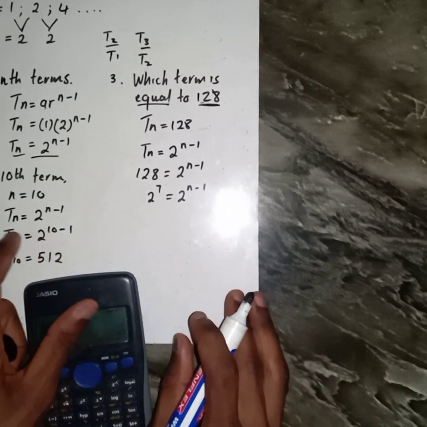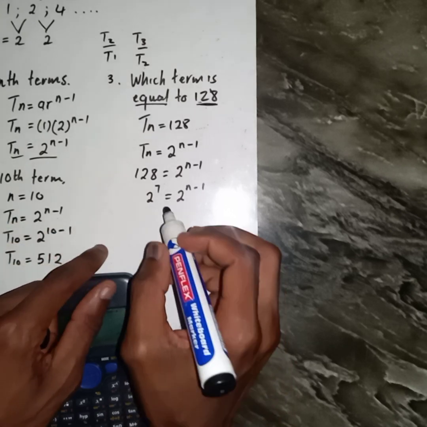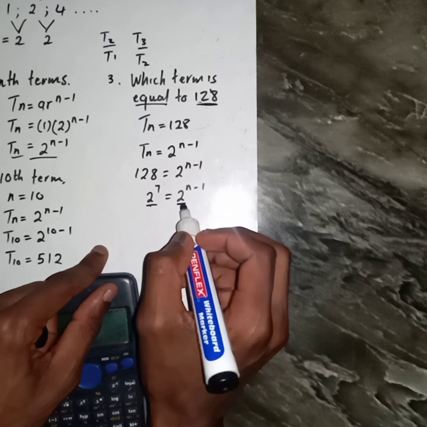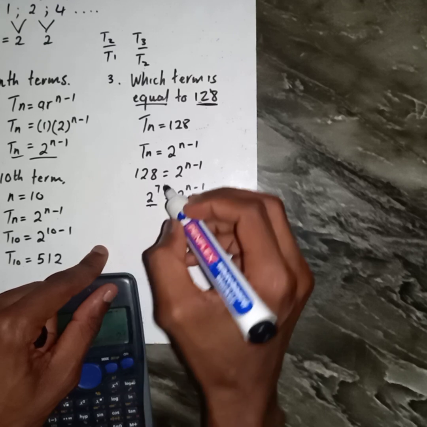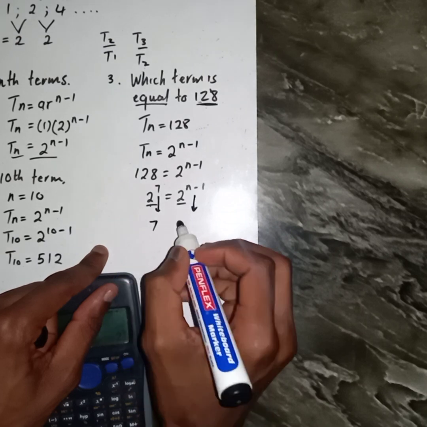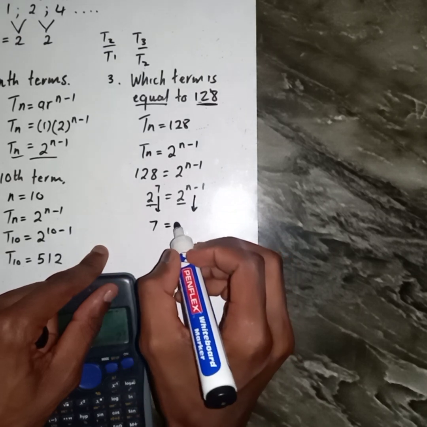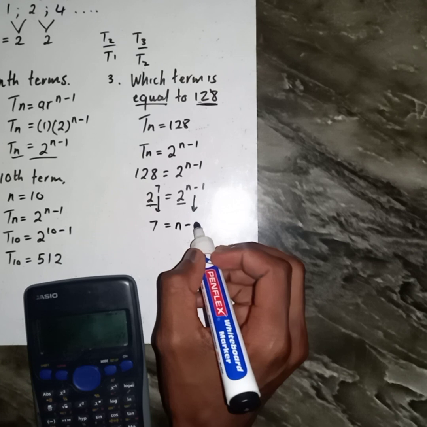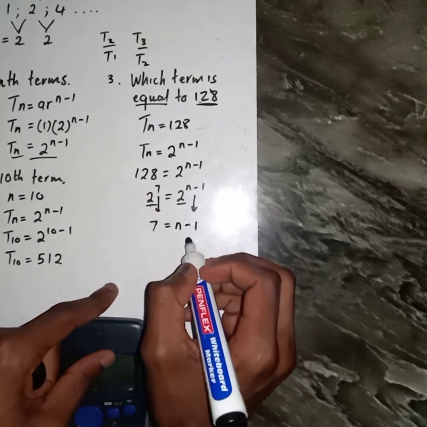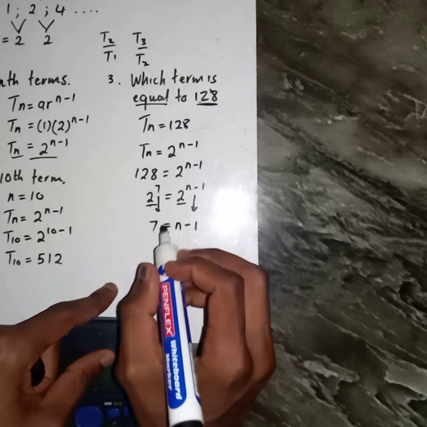Then at this point, because our bases are the same, let us drop our exponent. I have 7 equals n minus 1. Then for us to solve for n, we just need to transpose 1 to the other side.